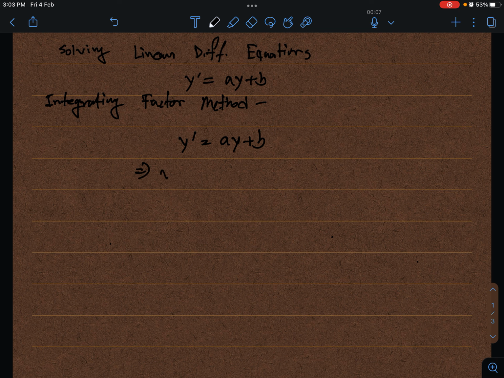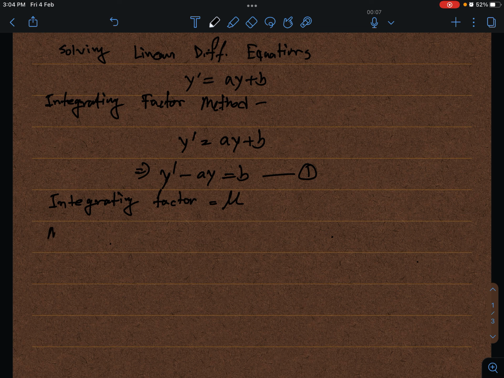So we can write this as y prime minus ay equals b, right? In the integrating factor method, after this step you have to multiply both sides of the equation by the integrating factor. Let's say the integrating factor is the Greek letter mu, and this is equation number 1.